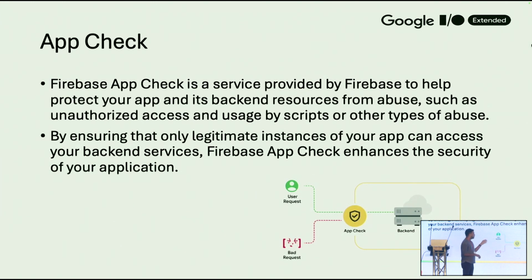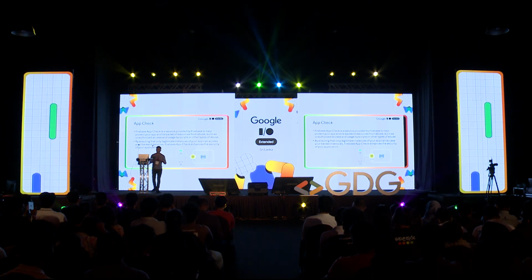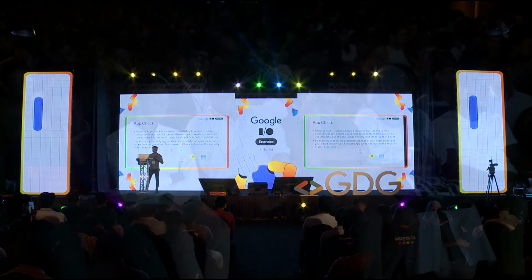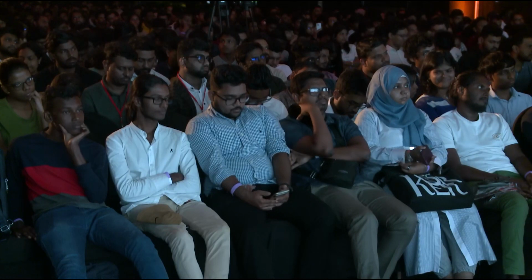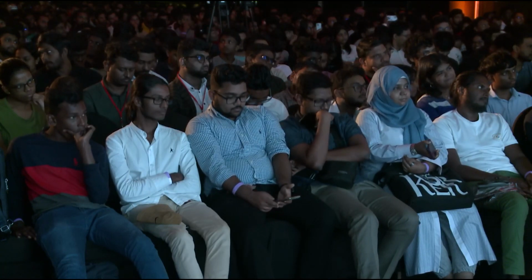So you have to go to Firebase and enable App Check, and from the back end, you can find out whether the request is coming from the correct app. That will do everything for you, so you don't need to worry about someone downloading and changing your app.